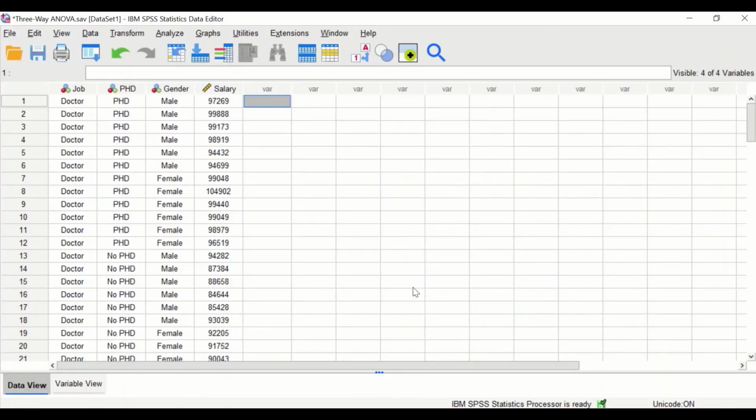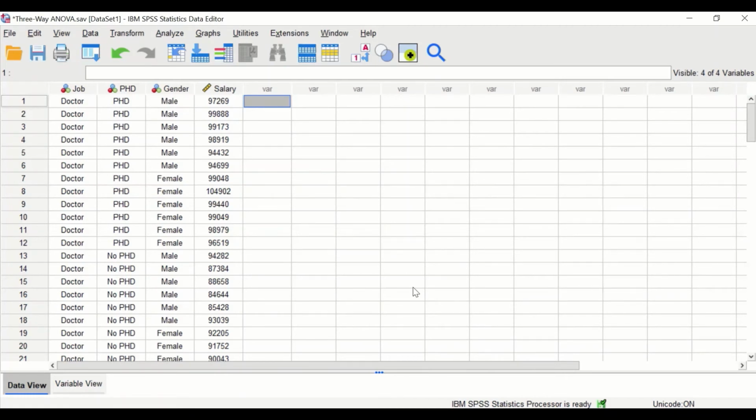Here in this SPSS data view, I have inserted data. There are three factors or three independent variables and one dependent variable.